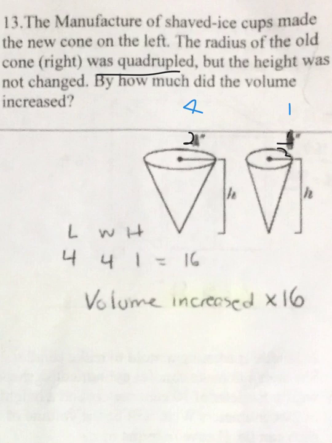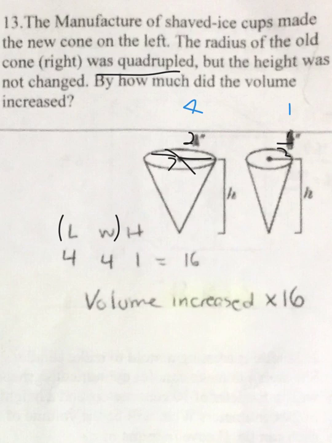The point of this problem is that a radius, even though it's just one length, covers 2 dimensions of a circle, because the radius can go in any direction of the circle. It's not just a line in one direction. It can go there, there, there, there. So it covers 2 dimensions. So in a sense, the circle's length and width are being quadrupled, right?